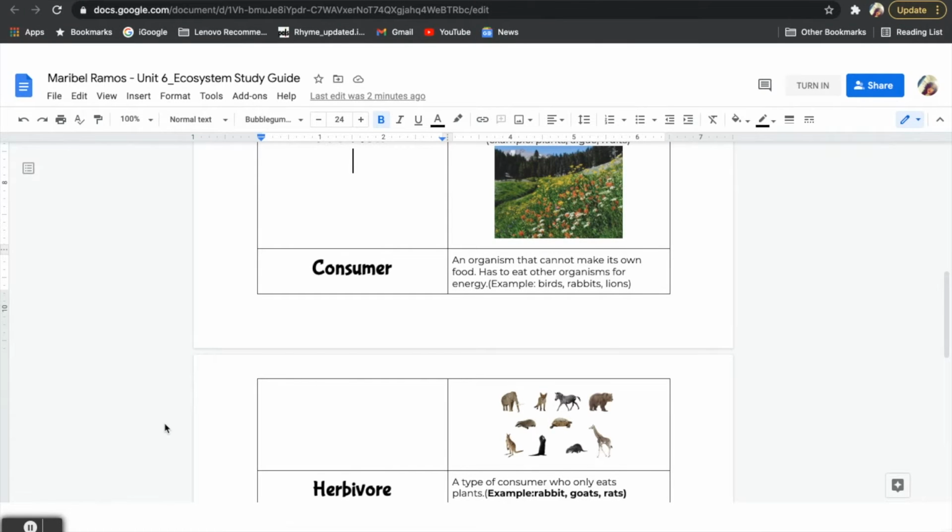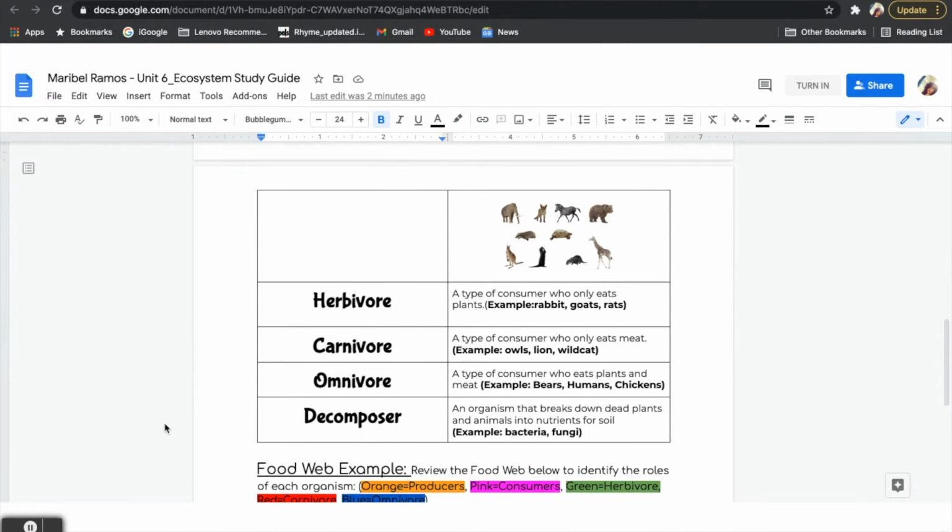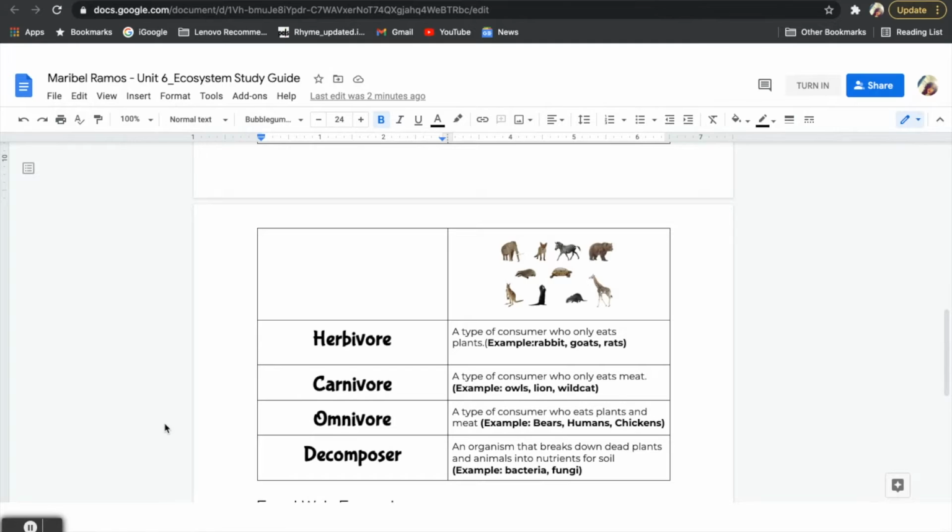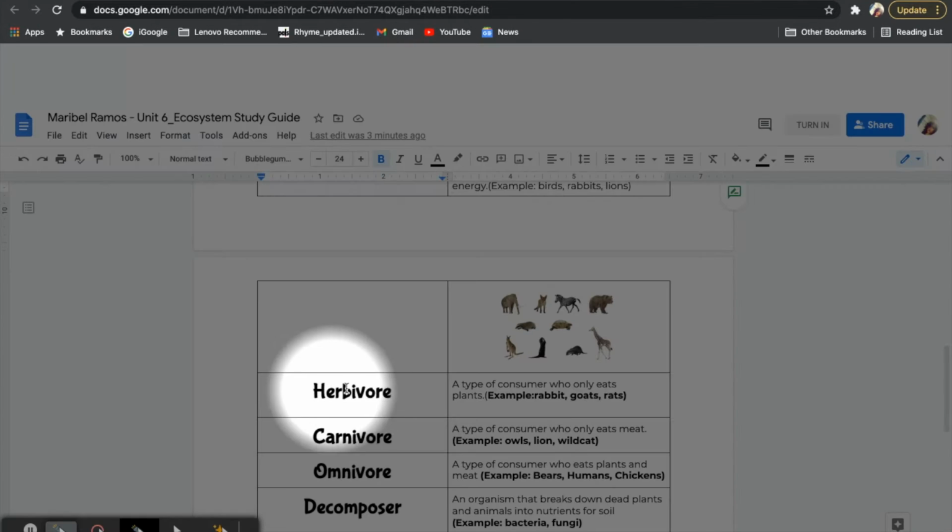Now let's take a close look at these different types of consumers, since there are different types and different roles that they play. Our first type of consumer are herbivores. Herbivores are a type of consumer. These herbivores are consumers who only eat plants.